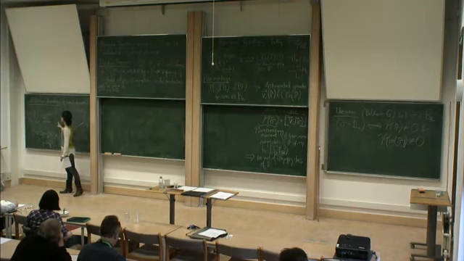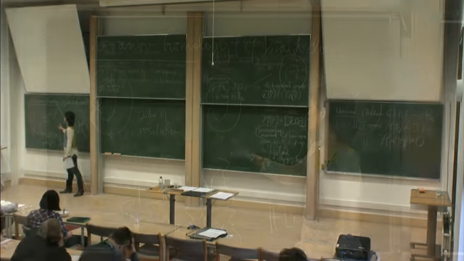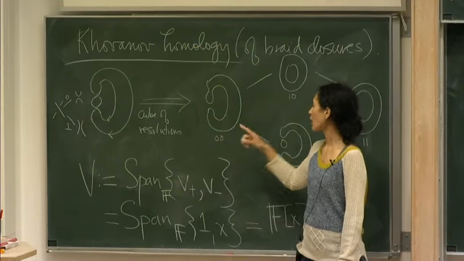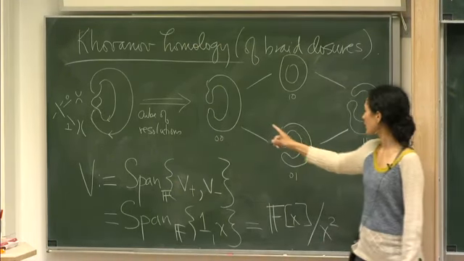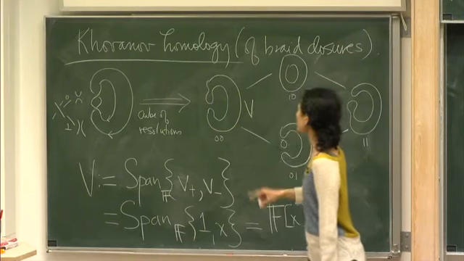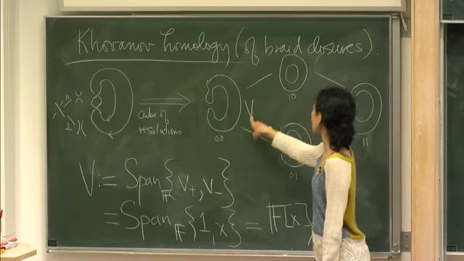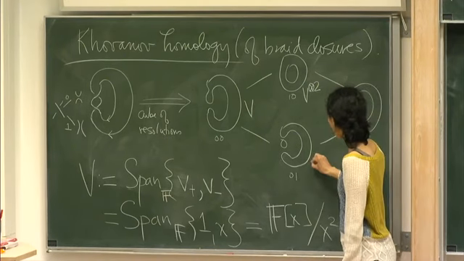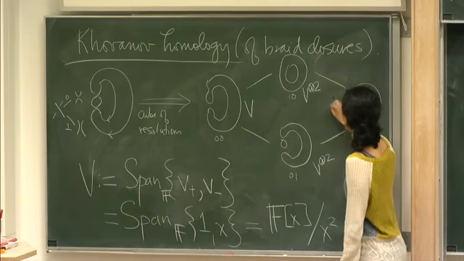Well, for each vertex in the cube of resolutions, you just take a tensor product of V with itself, and the number of times corresponds to the number of components in the resolution. So associated to this vertex, you associate the vector space V. Here you associate the vector space V to the second tensor power, etc.